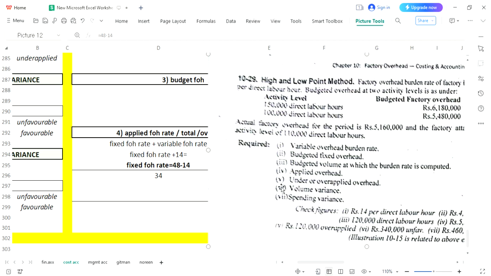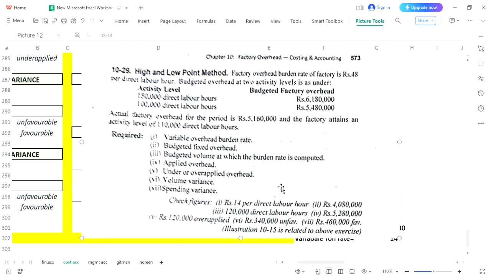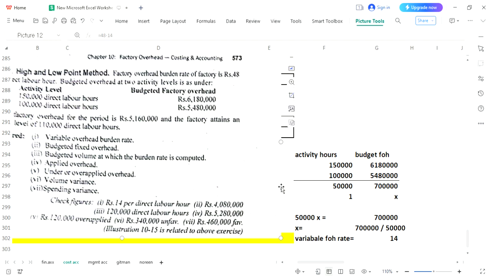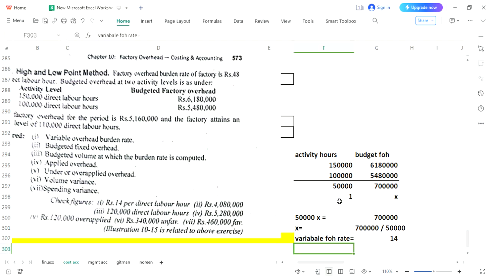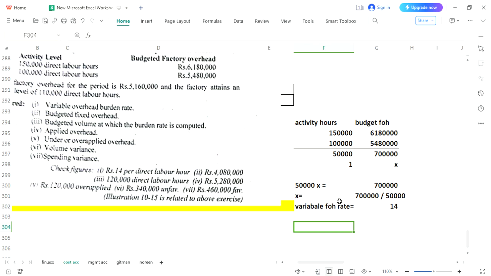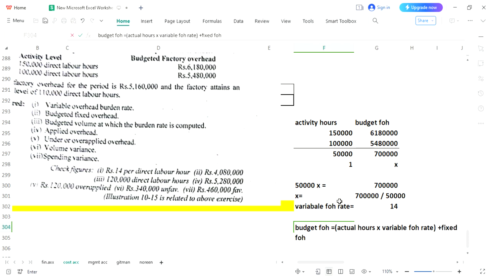Now here, to calculate fixed FH, I would like to ask a question: how do you calculate budgeted FH? For formula, as we know, budget FH is equal to actual hours, we have already written so many times, actual hours multiplied by variable FH rate, and then you add fixed FH.